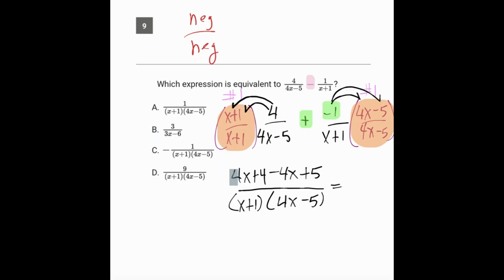In the numerator here, 4x and negative 4x cancel each other, and 4 plus 5 is 9 over the same denominator, x plus 1, 4x minus 5, and that'll be our answer, 9 over x plus 1, 4x minus 5, which is answer choice D here.